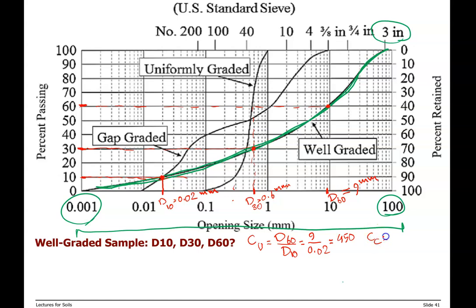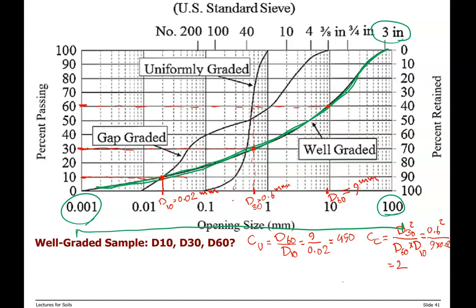And Cc is D30 to the power of 2 divided by D60 times D10, which is 0.6 to the power of 2 divided by 9 times 0.02. Which will be 2.